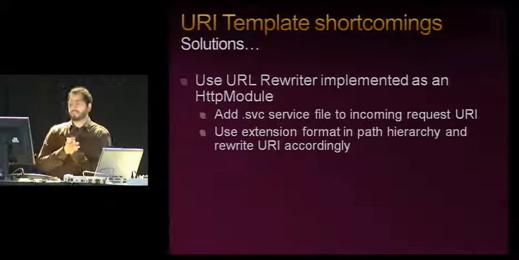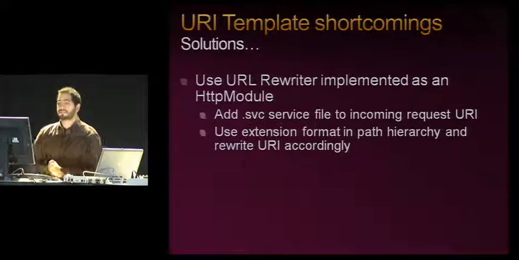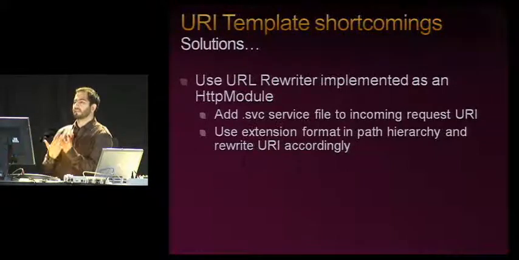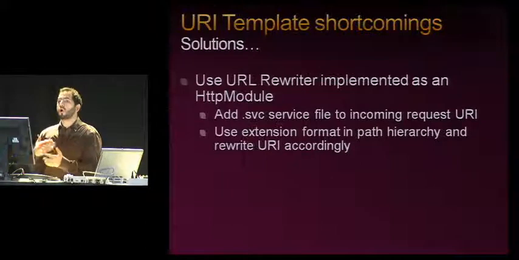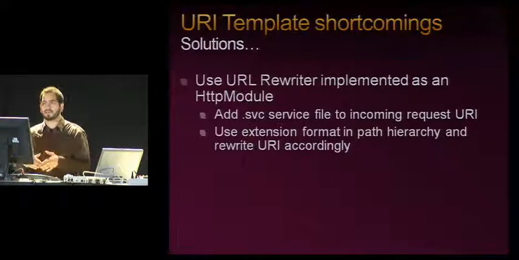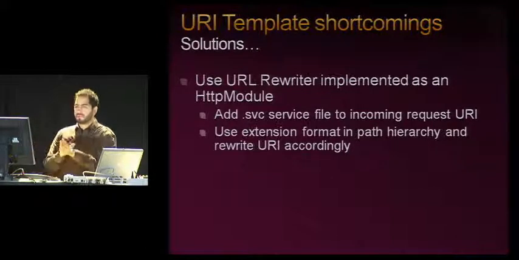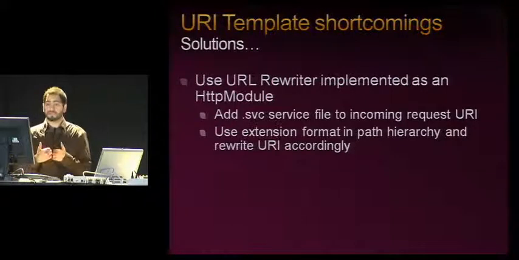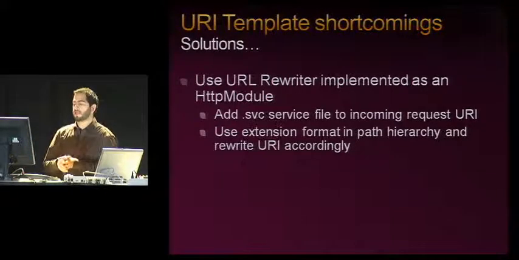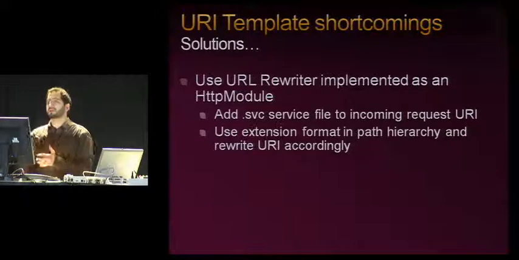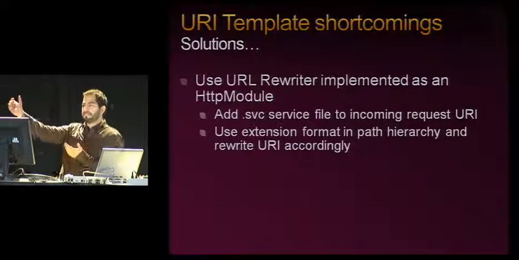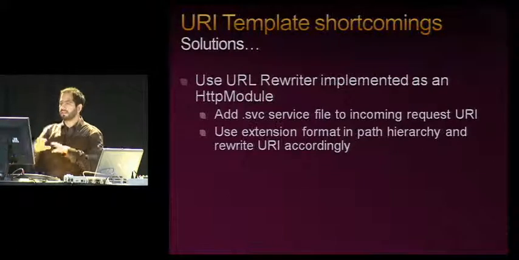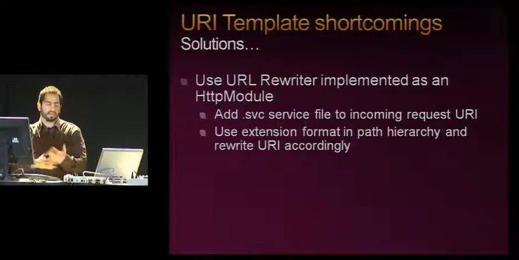It's become a lot easier than the previous versions of IIS. So what we were able to do was prepend and map all requests to our SVC file using URL rewriting. So it was not seen in the URL, but to our service, our endpoint was being hit correctly. We were also able to take the extension and map it into a URI hierarchy, so that way we can go around that extension problem.